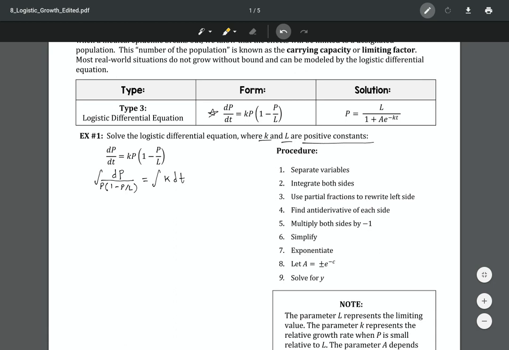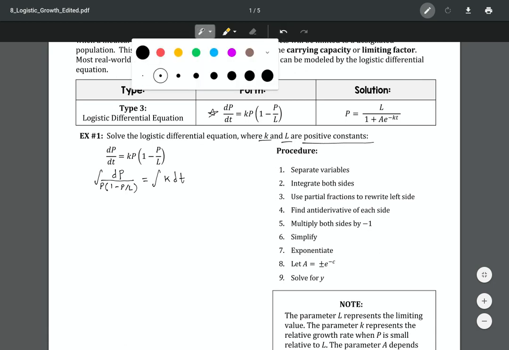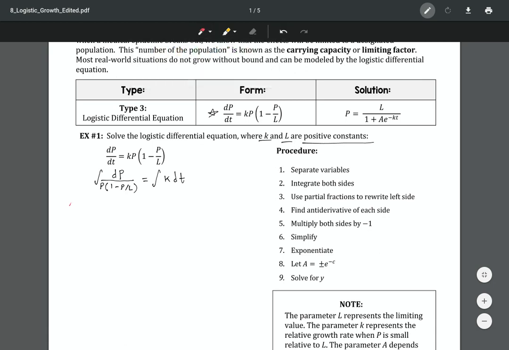All right. So now, as we go on, there's this little piece of information that would definitely help you out with this. And by the way, the steps are here on the right side. So we're going to try to integrate both sides. But before we do that, we've got to find a way to basically separate some of the stuff.